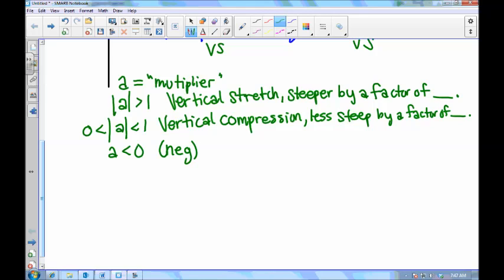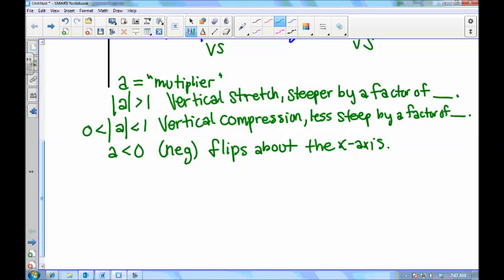Flips about what? Yep, it flips about the x-axis. So A has 3 potentials. All 3 can't happen, though, because you can't have a stretch and a compression at the same time. So it's either one thing happens because of A or two. The second would be when A is negative, we'd have to also add that it flips.